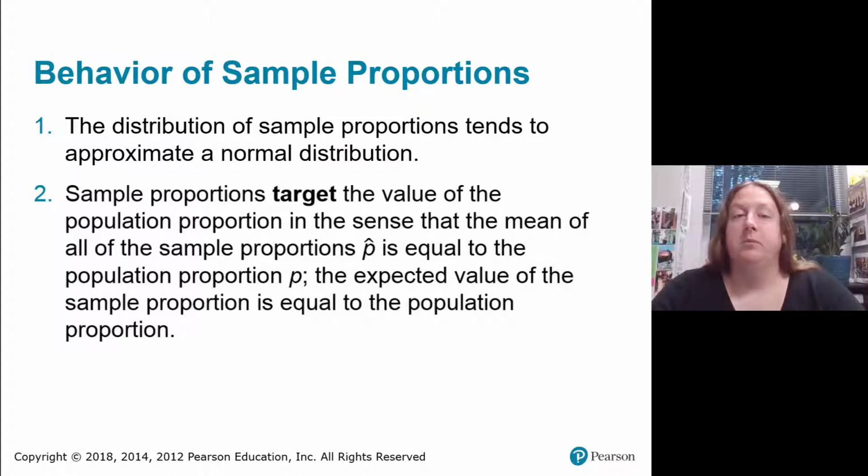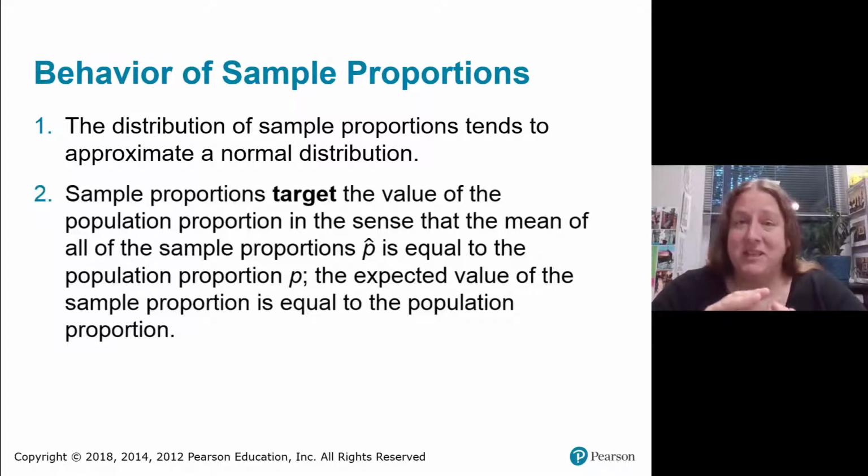So behavior of sample proportions. The distribution of sample proportions tends to approximate a normal distribution, and sample proportions target the value of the population proportion in the sense that the mean of all the sample proportions is equal to the population proportion.